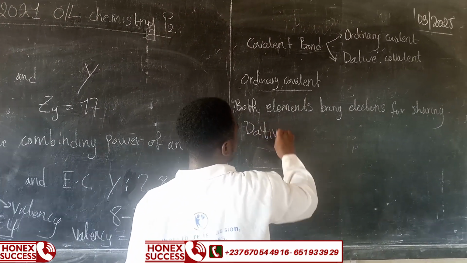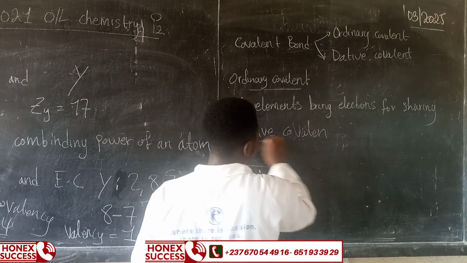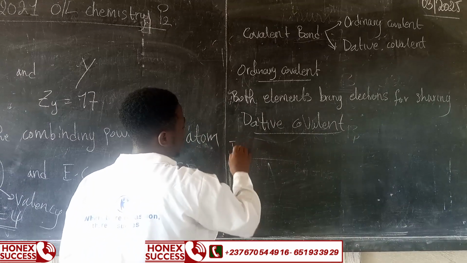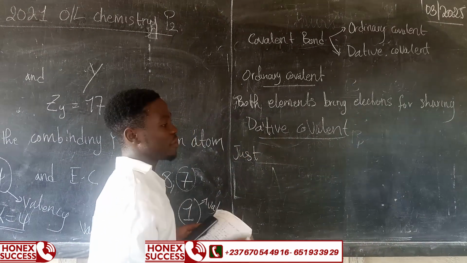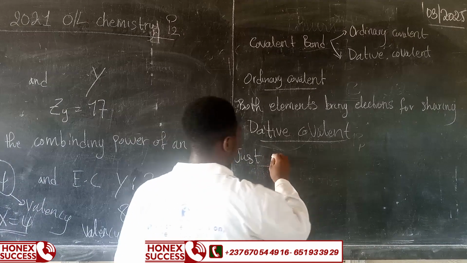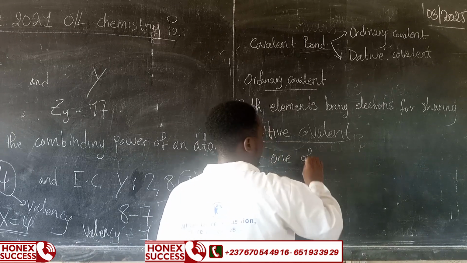Whereas in a dative covalent bond, just one of the participating atoms brings in the shared pair of electrons.